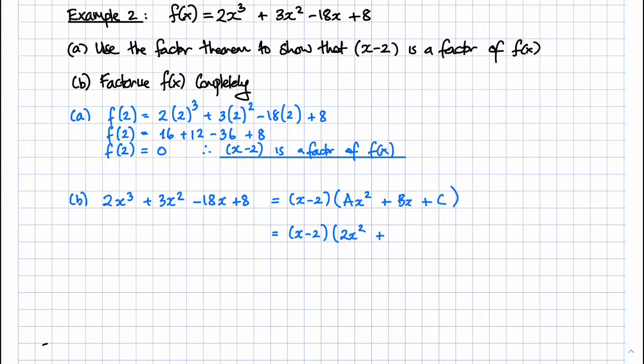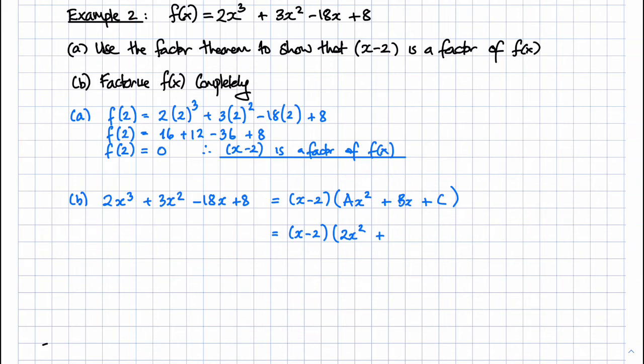So what do we multiply together? Well, c is a constant term in this quadratic factor, and minus 2 is a constant term in this linear factor. I can multiply these two constant terms together. That gives me negative 2c. And the constant term here is 8. So let's compare them. 8 is equal to minus 2c.